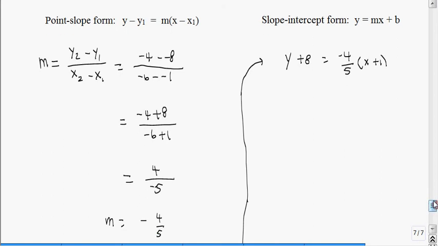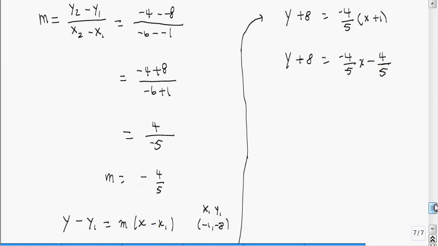But now to solve this for y, I need to first distribute the negative 4/5 through the parentheses. So I get y plus 8 is equal to negative 4/5 x. Negative 4/5 times positive 1 is negative 4/5. Now we just have to deal with this fraction. That's what makes this one a little bit more difficult, but not the end of the world.